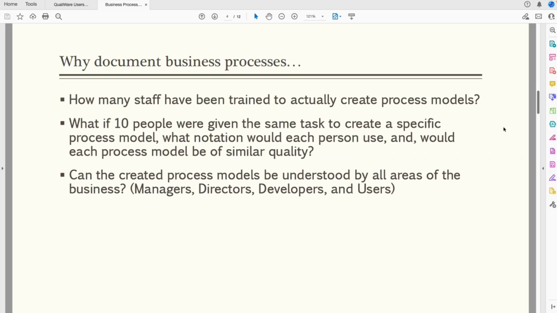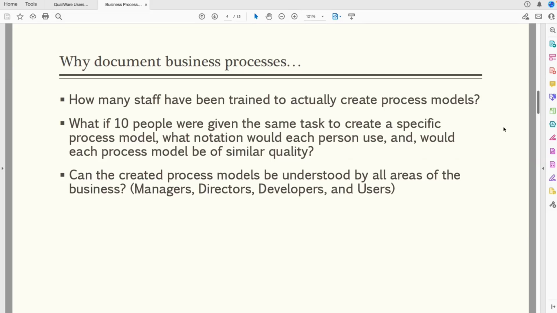Is that good enough, or can we do better? What if 10 people were given the same task to create a specific process model, say from a narrative? What notation would each person use? And more importantly, would each process model be of similar quality? Could they all be read, understood?